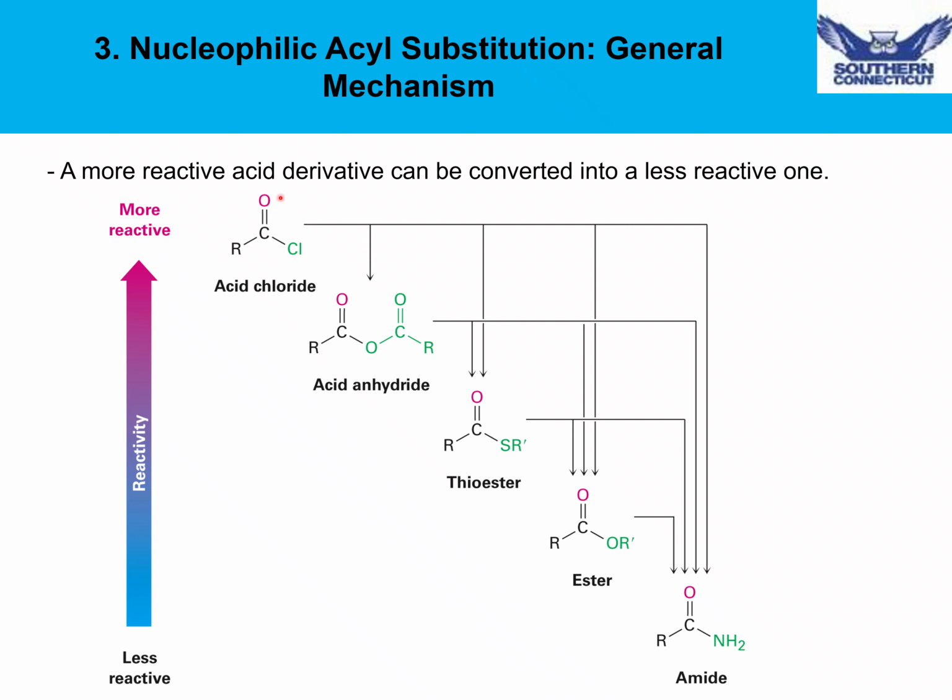So if we start off with an acid chloride, it's a lot easier to convert it into an anhydride and the rest of the other acid derivatives. It is a lot harder to go from an amide to the rest, although some reactions are possible to go the other way around. But in general, it's a lot easier to go from the anhydrides and the chlorides to the other acid derivatives rather than the other way around.